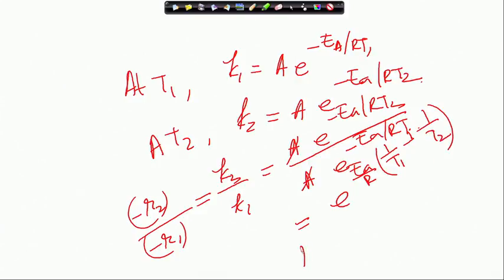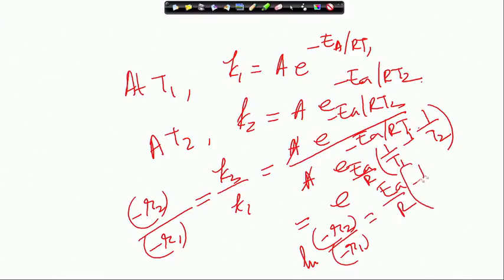So, if we take log, this will be what? Minus R 2 by minus R 1, this is equal to E A by R into 1 by T 1 minus 1 by T 2.